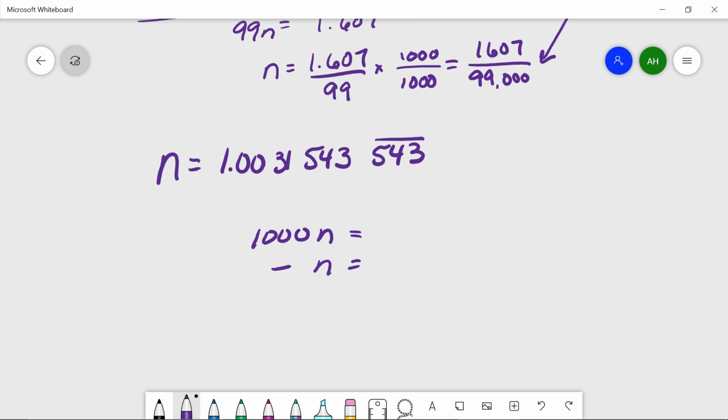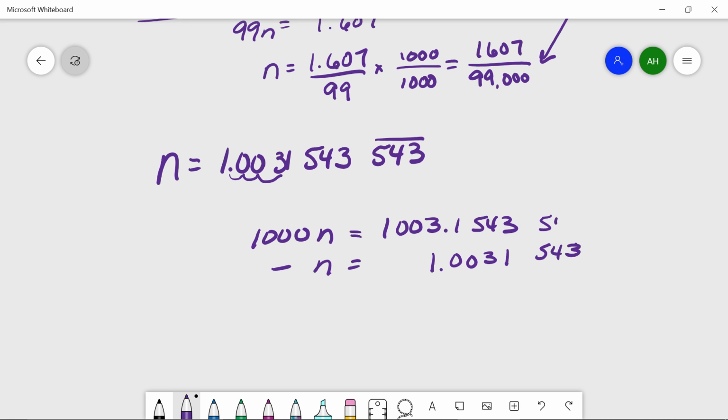If I take this and move my decimal point 1, 2, 3 places, I'm going to have 1,003.1543. Down here, I have 1.0031, and then there's the 543.